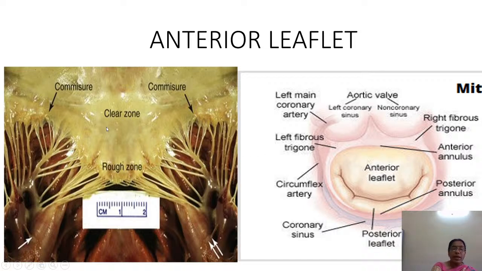It consists of a clear zone and a rough zone, and the chordae tendineae are attached to the rough zone. In the clear zone there is no attachment, but in the rough zone you can see the attachment of the chordae tendineae. So the anterior leaflet includes the clear zone and the rough zone.